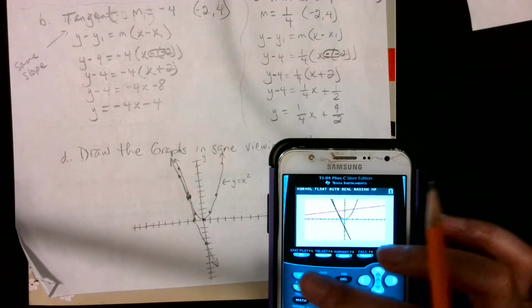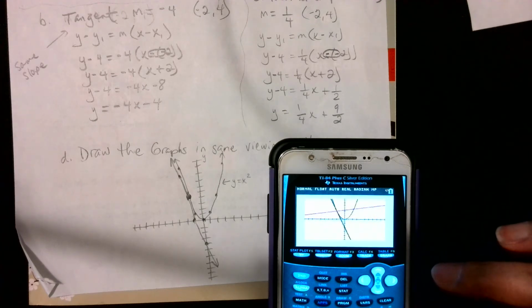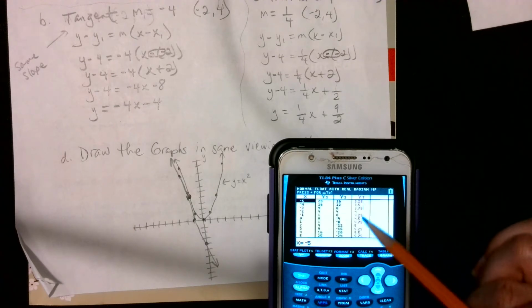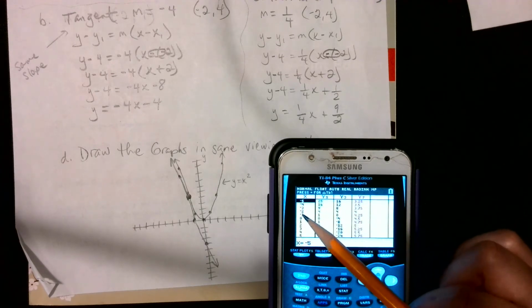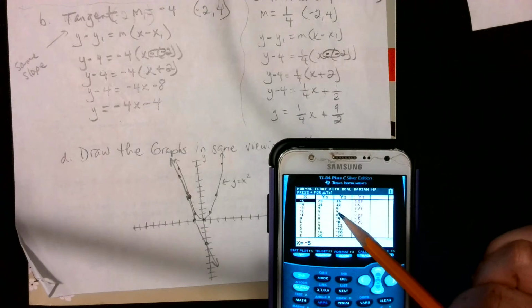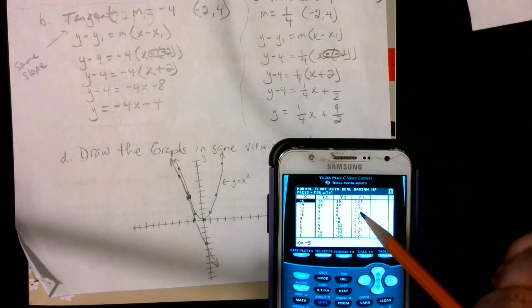Okay, so I'm going to press second and graph, and I put it under Y7, so here it is down here. So here's -2, and our curve was 4, our tangent was 4, and our normal is also 4.